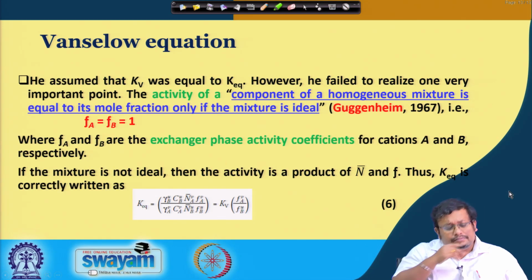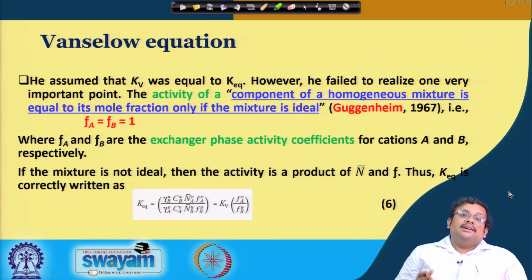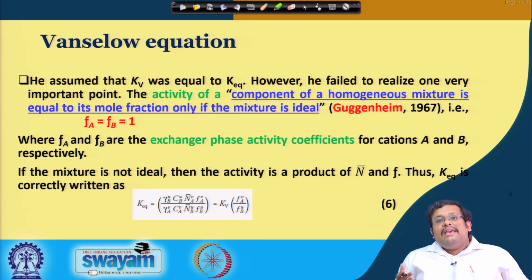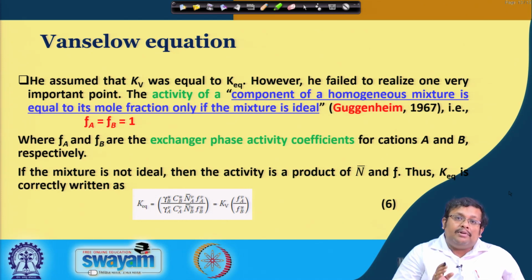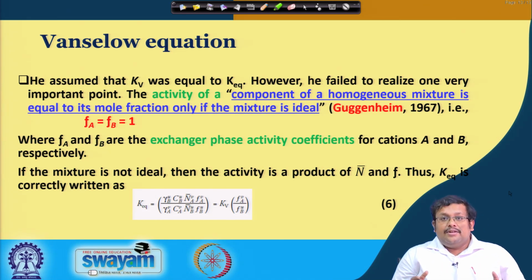Now, he assumed that this Kv was equal to Keq. However, he failed to realize one very important point. The activity of a component of a homogeneous mixture is equal to its mole fraction only if the mixture is ideal.